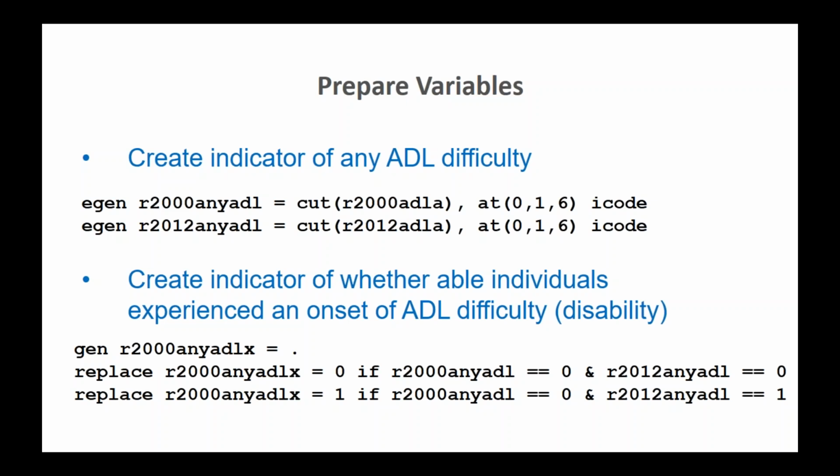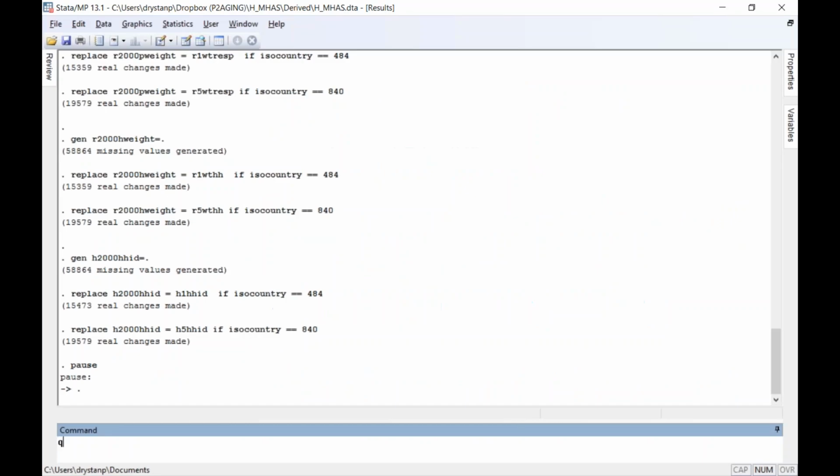Of course, some people are going to drop out because of death or sickness or not being able to follow up. So we'd really want to get an idea of who didn't make it to the 2012 survey to know how that might bias our estimates. We're not going to do that here, but I want to mention it because that is an important aspect to doing longitudinal analysis. We'll jump back into Stata if you're following along.